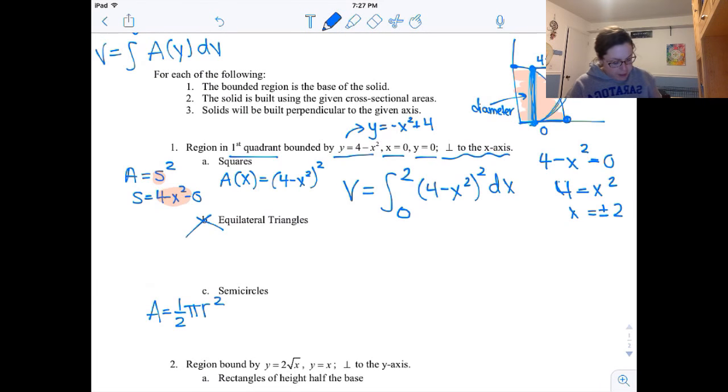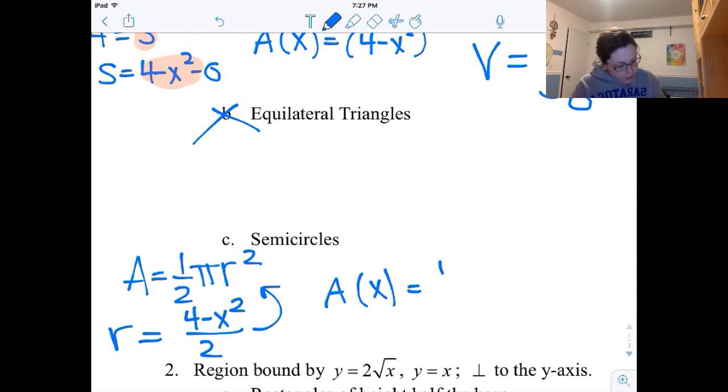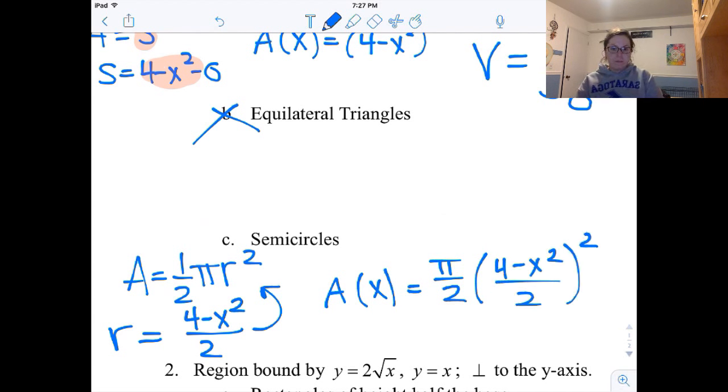The radius equals half of my diameter, which is 4 minus x squared, cut in half. Plug that in, so your area function in terms of x is pi over 2, or 1/2 pi, times your radius quantity squared. That's the formula for area.